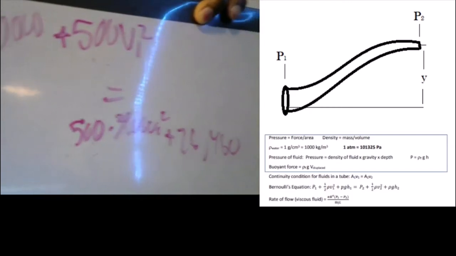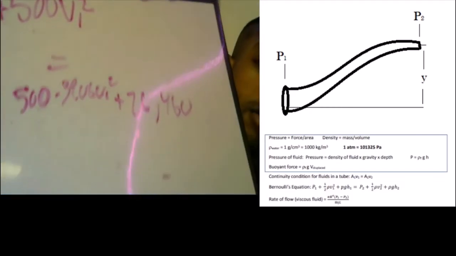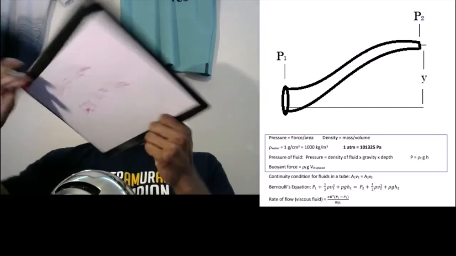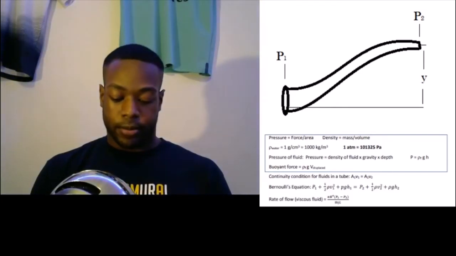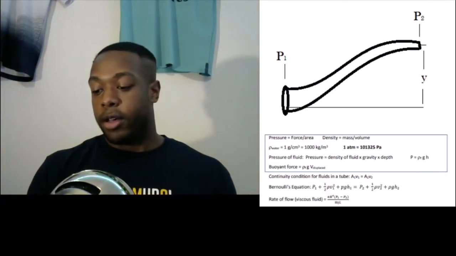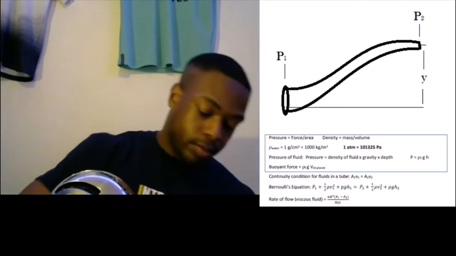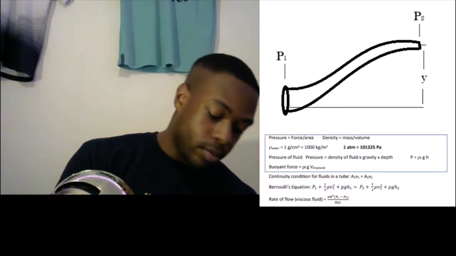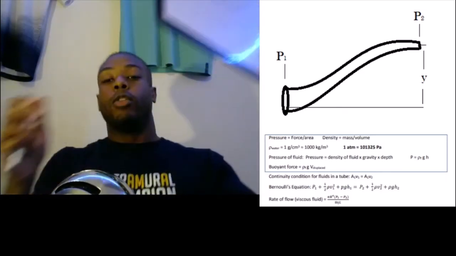So 60,000 plus 500 V1 squared equals 500 times all that, plus another constant, so I can move that constant over as well. So 60,000 minus the 26,460. I'm getting 33,540, so we can take that out. And now this is what we're looking at.